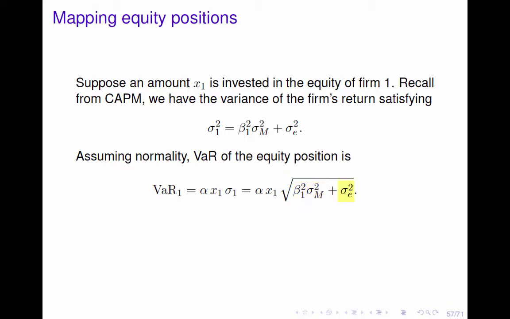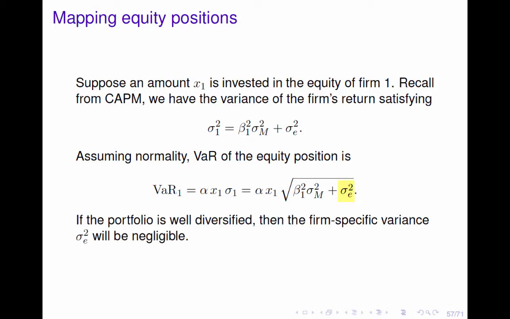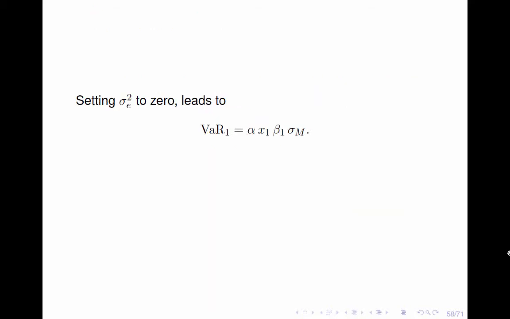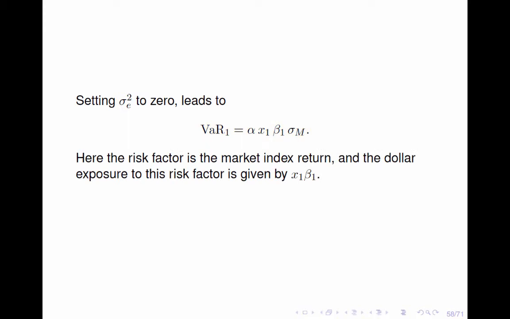The sigma e squared is the so-called non-systematic risk, or the firm-specific risk, and if the portfolio is well diversified, it will be negligible. Setting sigma e squared to 0, we obtain the following formula for calculating VAR of the equity of firm 1. Here, the risk factor is the market index return, and the dollar exposure to this risk factor is given by X1 times beta 1.